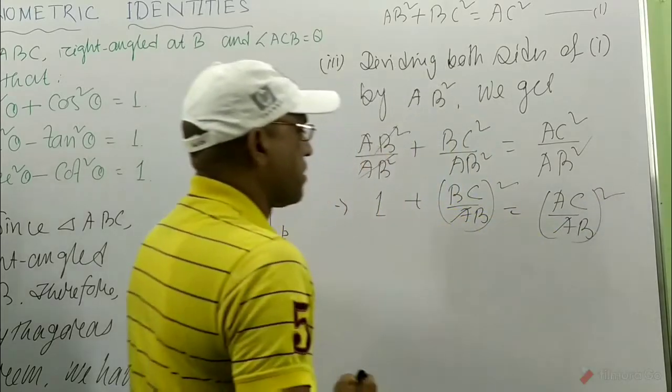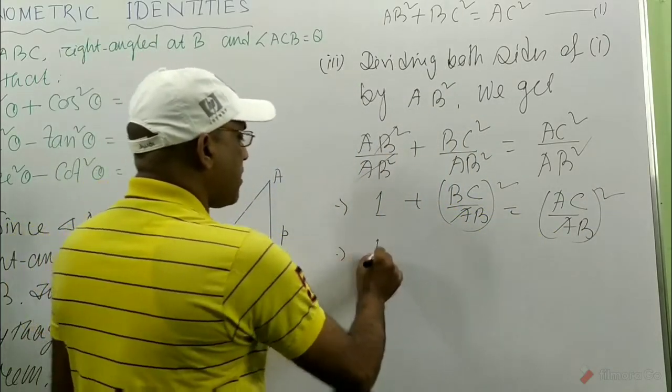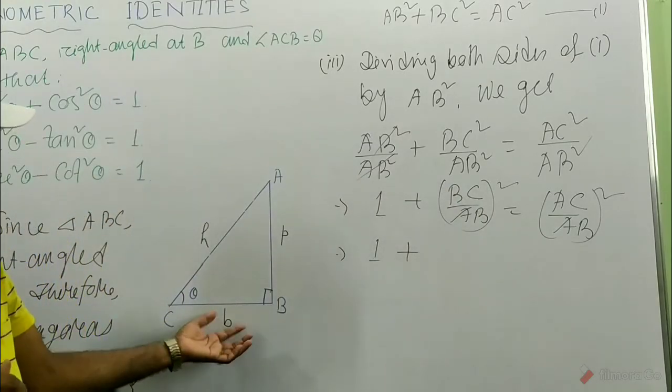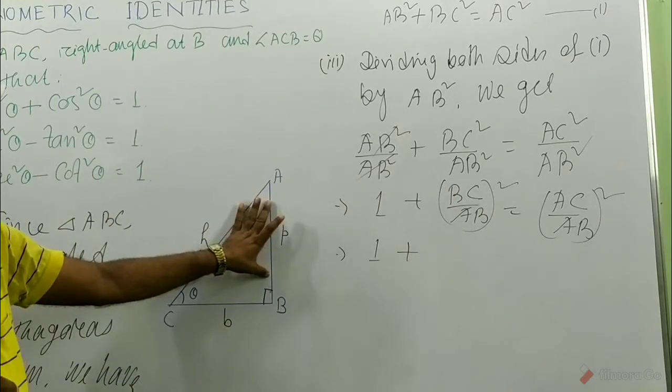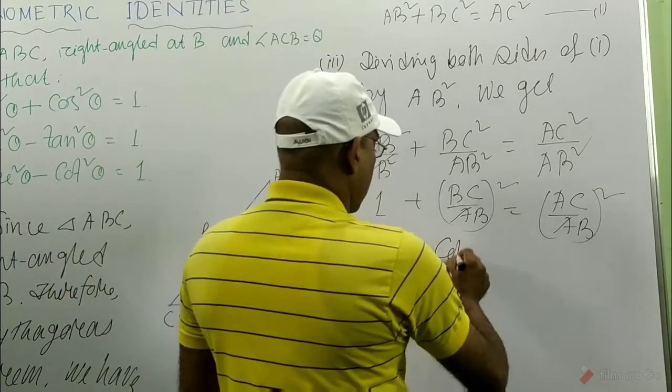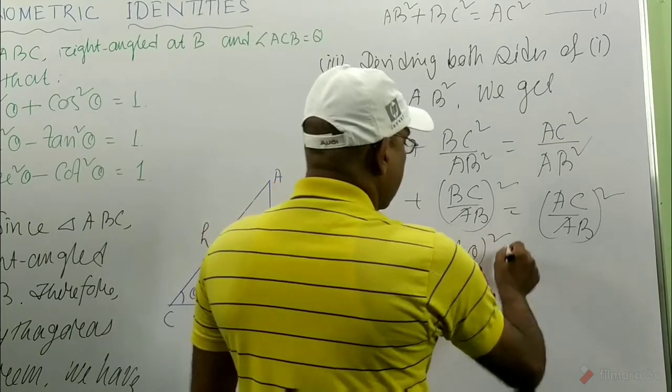BC by AB is base by perpendicular, this is cot theta, whole square.